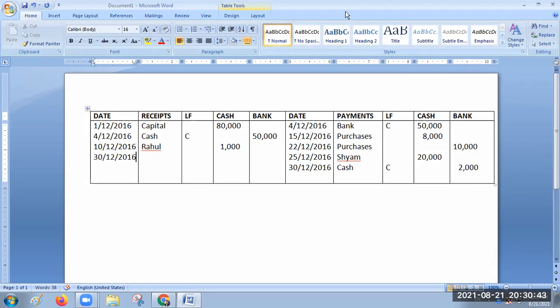So now you can see, just one side if you entered correctly, the opposite side you have to reverse it. Here you wrote cash, so here you have to write bank. Here you wrote bank, so in the cash column you will mention the amount. That's all.